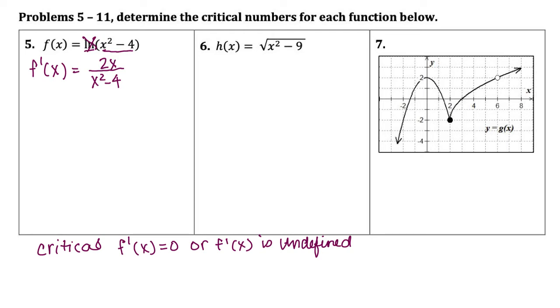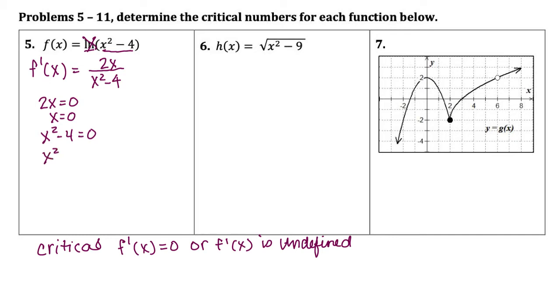So we need to set this equal to 0. So what you're going to do is set the numerator equal to 0 to get one of the points. So there's one of the critical numbers, and then set the bottom equal to 0. And that was the part that I forgot, where f prime is undefined can also be it.